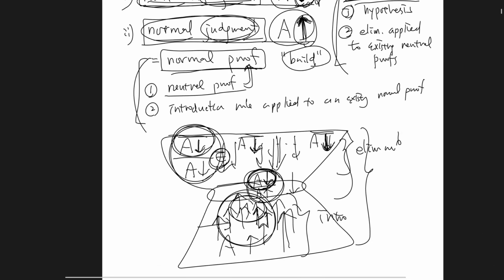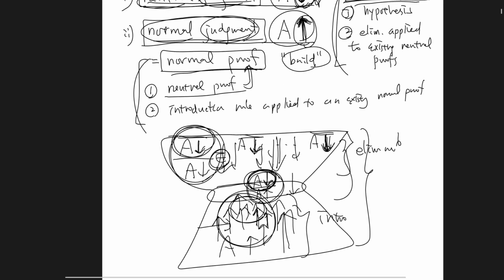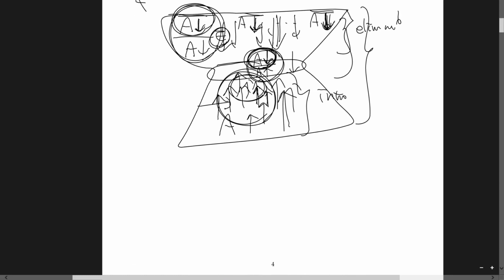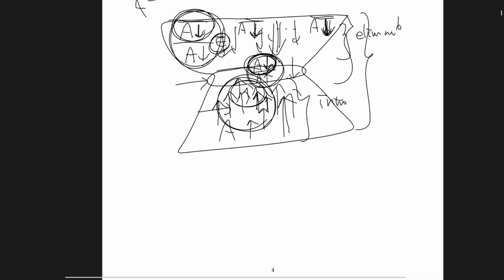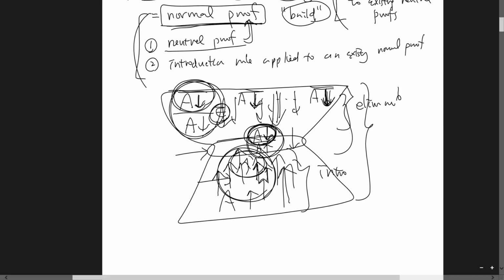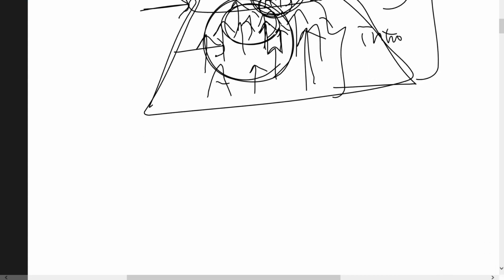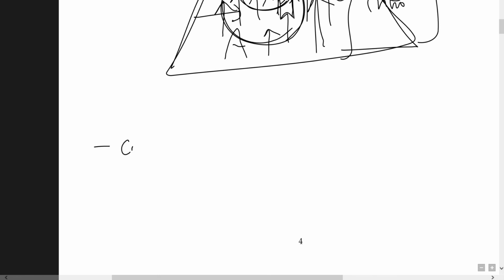Now let's investigate the inference rules for neutral judgment and normal judgment. First, let's consider this special case. According to the definition of normal proof, a neutral proof is counted as a normal proof. So in the middle of this hourglass, we see this conversion from down arrow to up arrow. To deal with this case, we have this inference rule, the conversion rule.